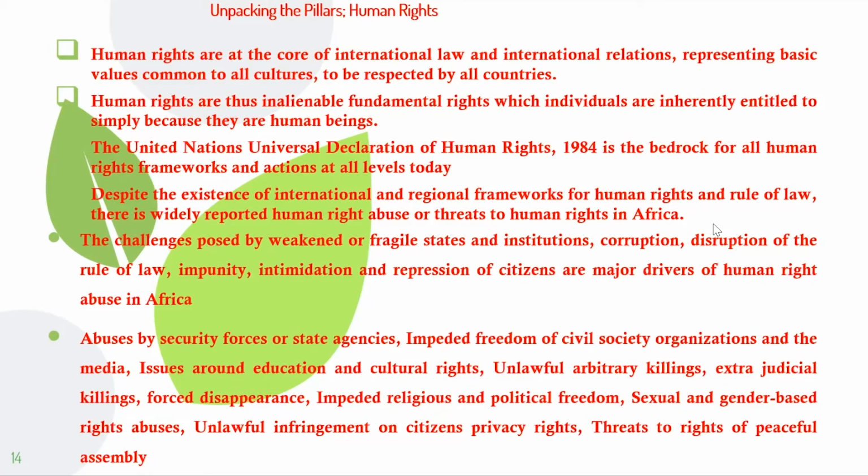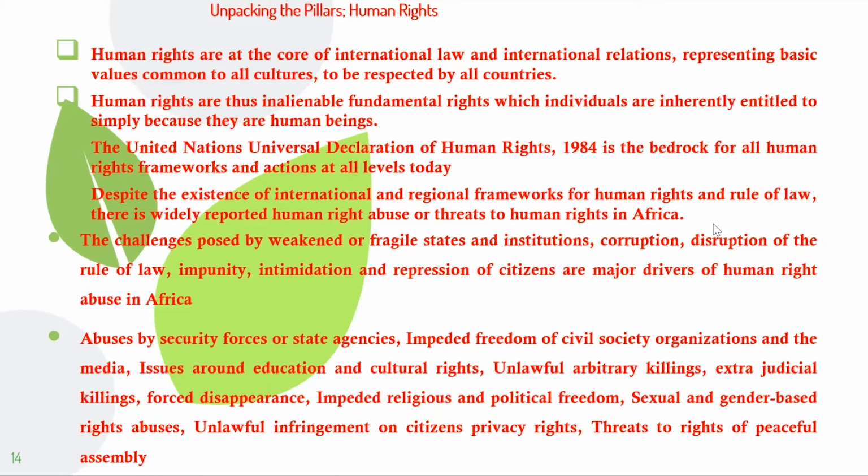The United Nations Universal Declaration of Human Rights, 1948, is the bedrock for all human rights frameworks and actions at all levels today. Despite the existence of international and regional frameworks for human rights and rule of law, there are widely reported human rights abuses or threats to human rights in Africa.